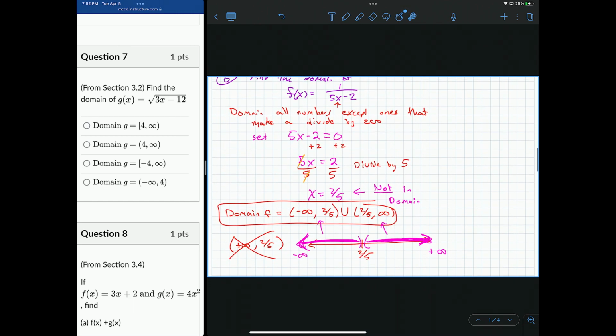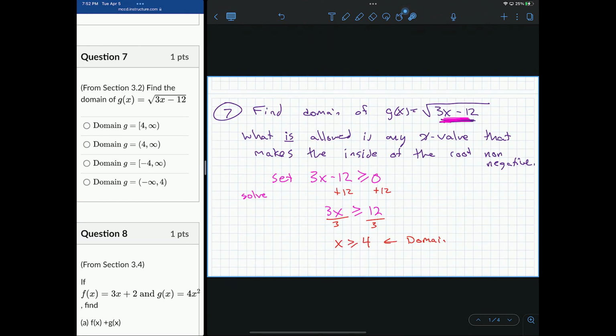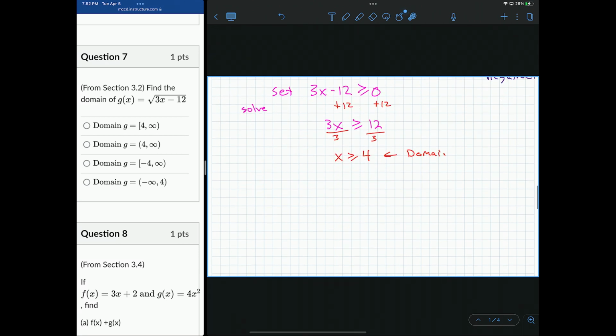In the previous problem, we said all numbers except ones that make a divide by 0. So when we found the 2/5, 2/5 was not in the domain. But this, we said what is allowed. And so what is allowed is anything that makes this positive or 0. So this is what we get for our answer.